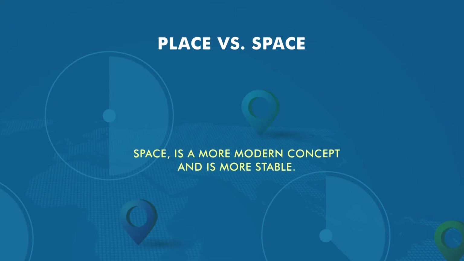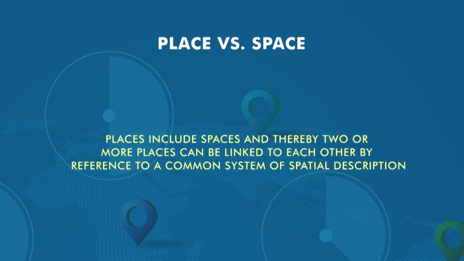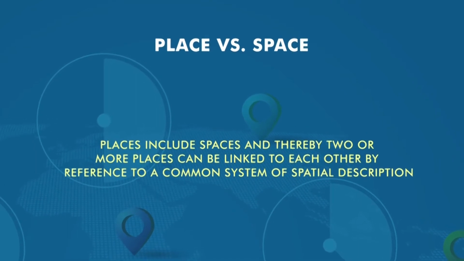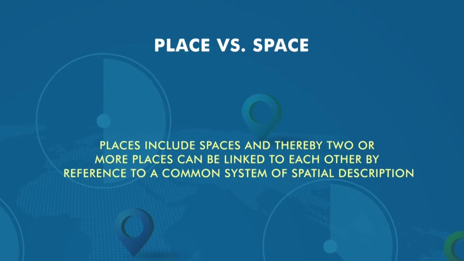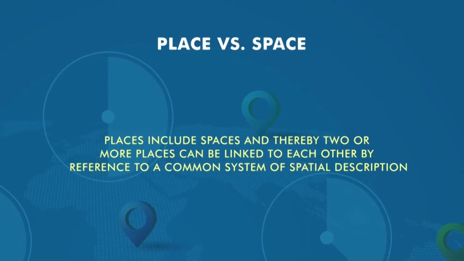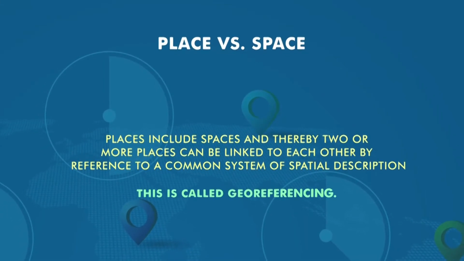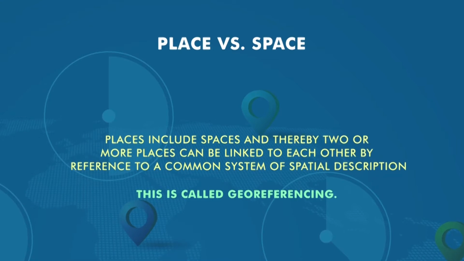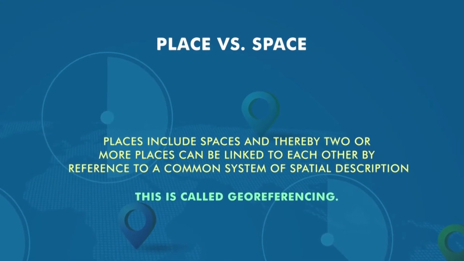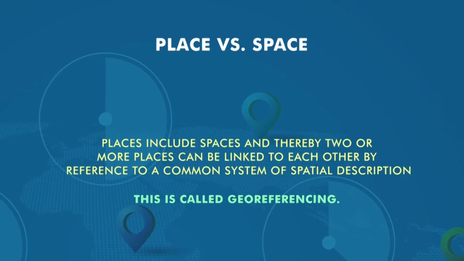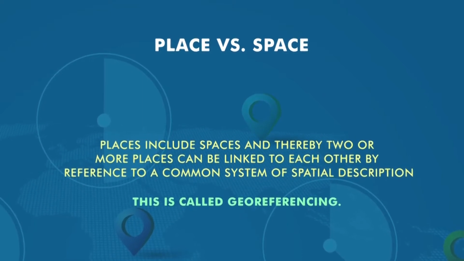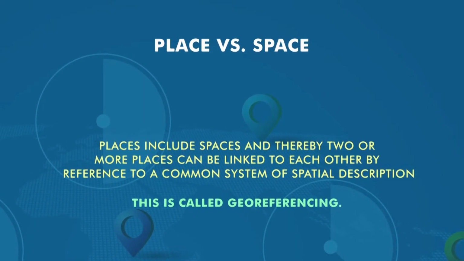Space is a more modern concept and is more stable. Places include spaces, and thereby two or more places can be linked to each other by reference to a common system of spatial description, and this is called georeferencing. For example, we can describe a particular space either by name or by its intrinsic longitude and latitude.